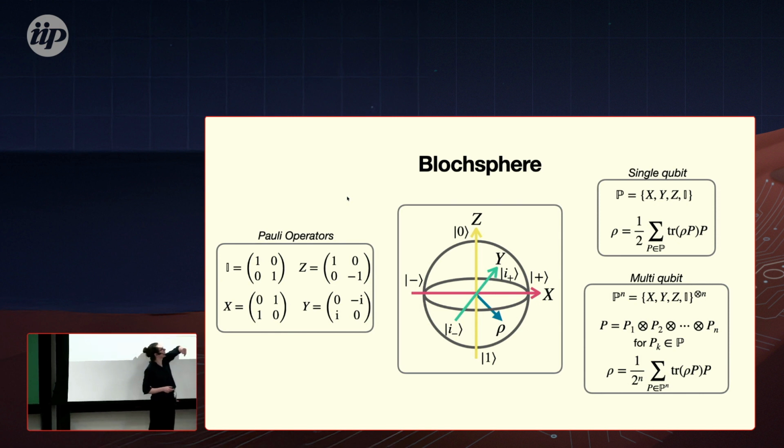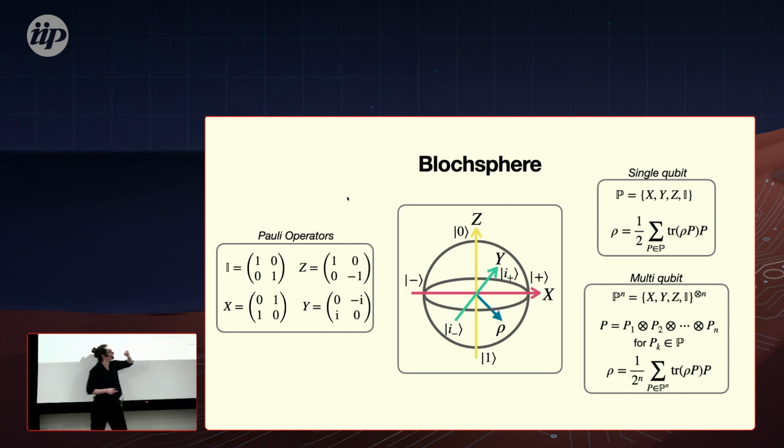And up there, I forgot to say that the scalar, the trace of rho identity, is actually always 1 when we look at valid quantum states. So here, in the single qubit case, we have actually 3 values that we need to characterize. The trace of rho X, trace of rho Z, and trace of rho Y, which are the expectation values with the Pauli matrices.